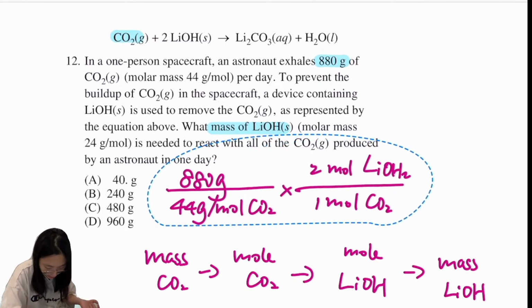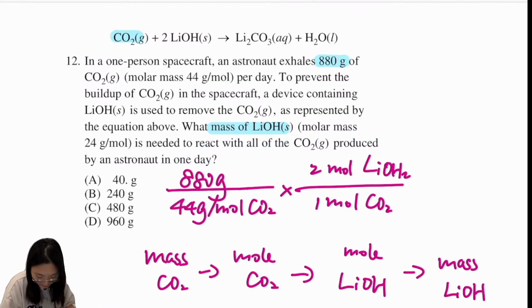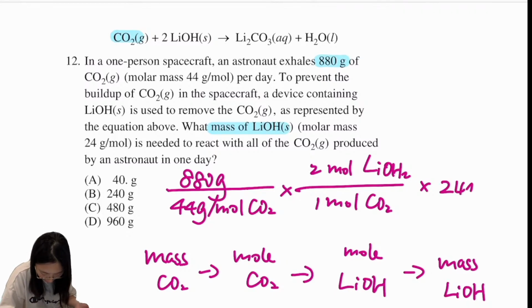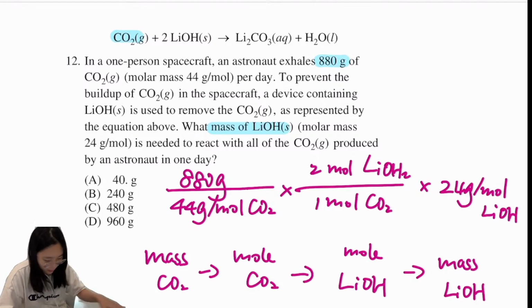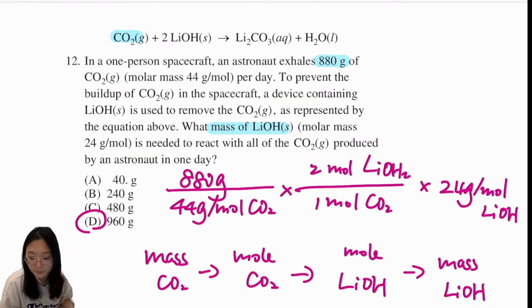Now I have the number of moles of lithium hydroxide, and then I convert it back to mass by multiplying by the molar mass of lithium hydroxide, 24 grams per mole. So the answer is 880 divided by 44, times 2, times 24, which is 960.